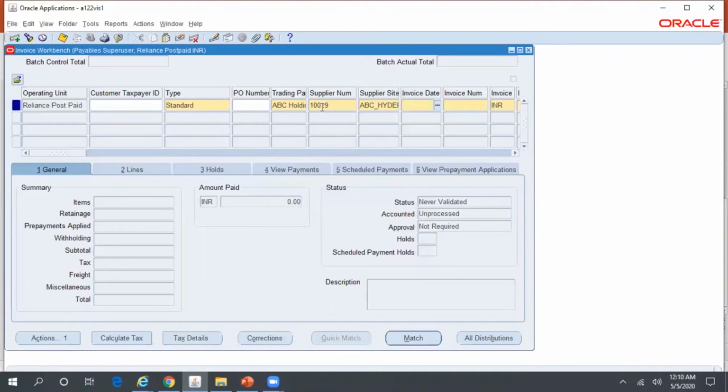Later you realize that the goods are defective or you're not satisfied with the service, and you want to claim, say, 200 rupees back. So I'll be creating a credit memo for an amount of 200 rupees. A credit memo should be negative.